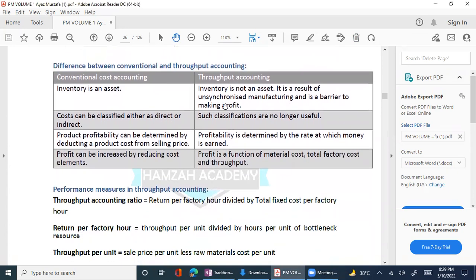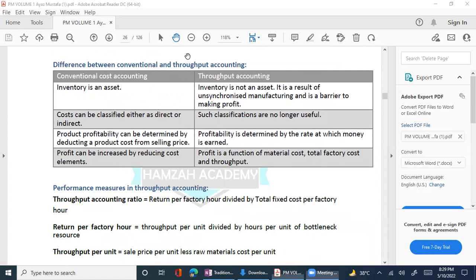So what is the difference between conventional and throughput accounting? When ACCA was paper based, there were 5 long questions, and almost in every exam, the examiner asked for this theoretical area, the difference between conventional and throughput accounting. So please read these points on conventional and throughput accounting. Please read it. Then I will ask you for queries.